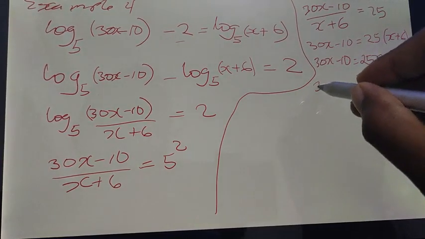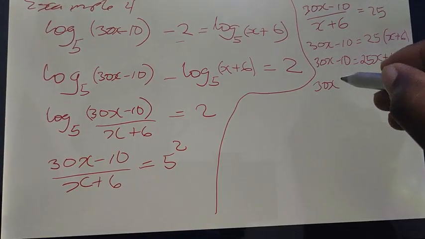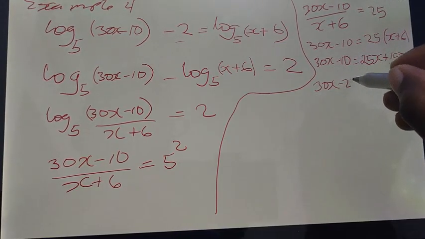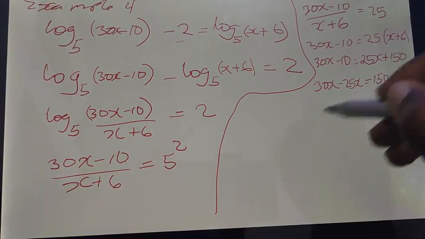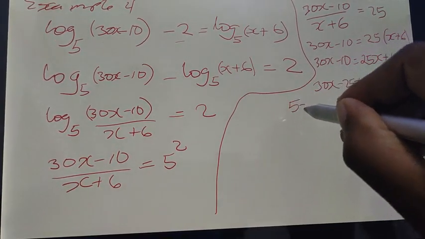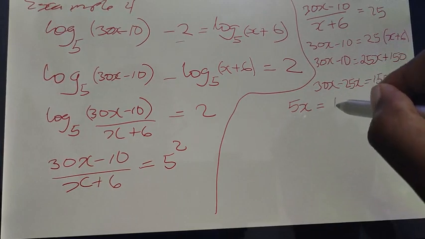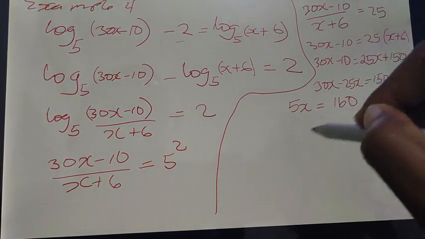Then you have 30x, like terms together, minus 25x, equal to 150 plus 10. Then you have 5x will be equal to 160. That one, 30x minus 25x, that's 5x.